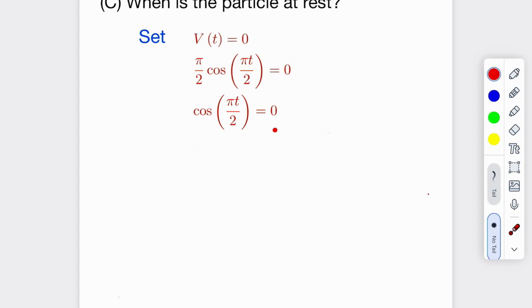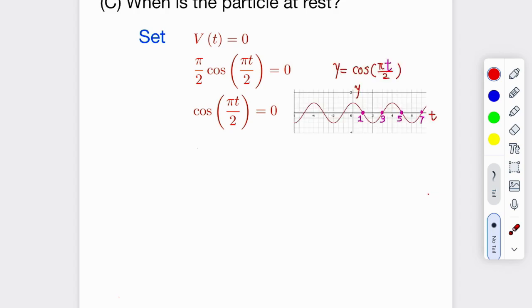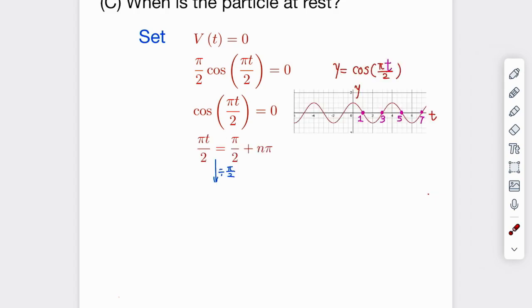Solving this trig equation, we have pi t divided by 2 is equal to pi over 2 plus n pi. Now divide both sides by pi over 2, we get t is equal to 1 plus 2n, where n here is equal to 0, 1, 2, 3, 4, etc.